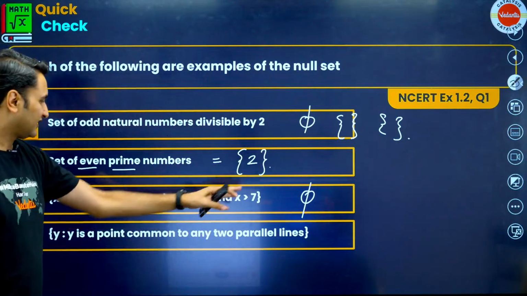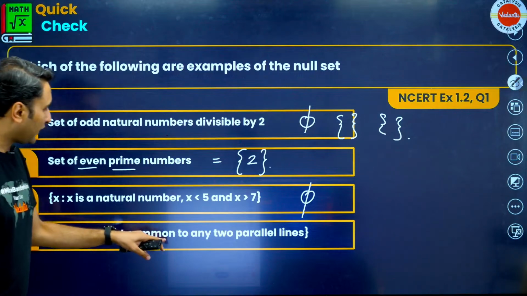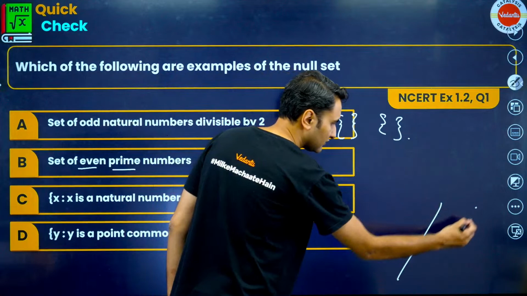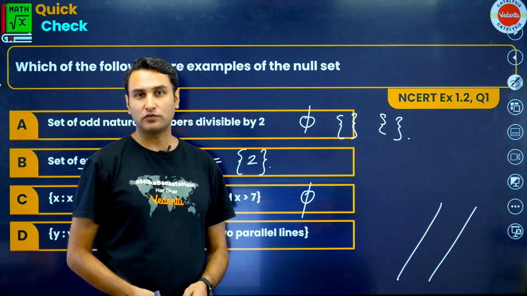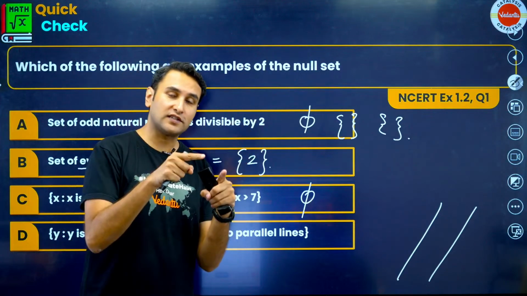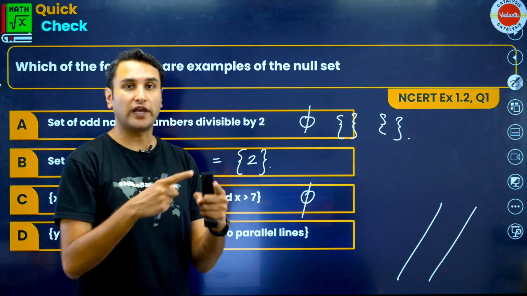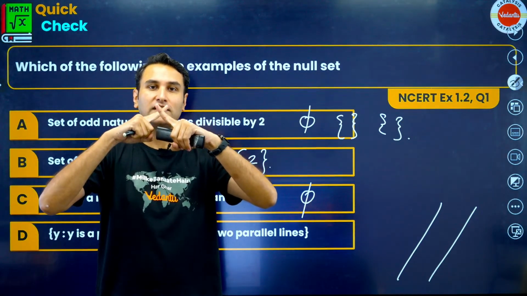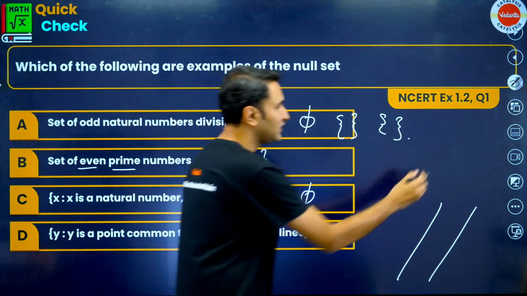Set of all y such that y is a point common to any two parallel lines. Is there any point which can be common between the two? If there was a point common between two lines, then the two lines would have been intersecting lines. In intersecting lines, the point of intersection is the common point, right?